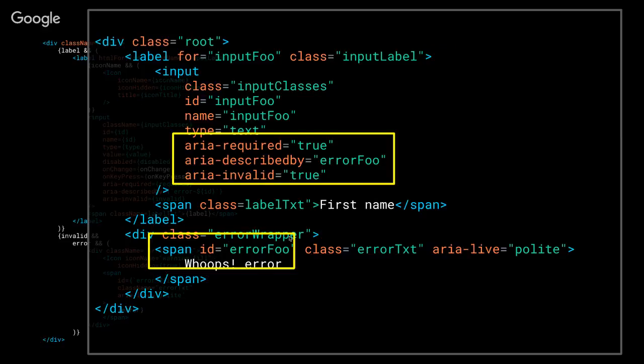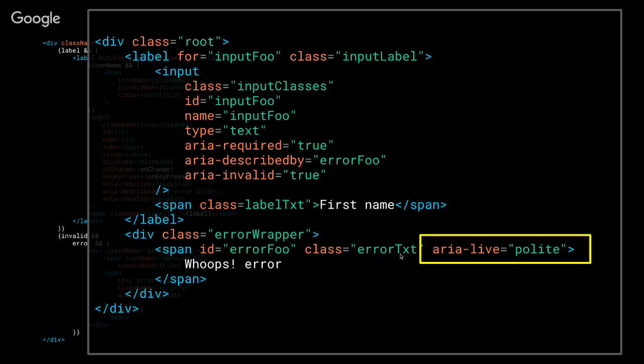So since these match, when this pops up, your error message will display on the page. And because we added this aria-live attribute to this span, once the user stops typing in this input field, this wrapper will pop up and the assistive technology will announce to the user, whoops, error.